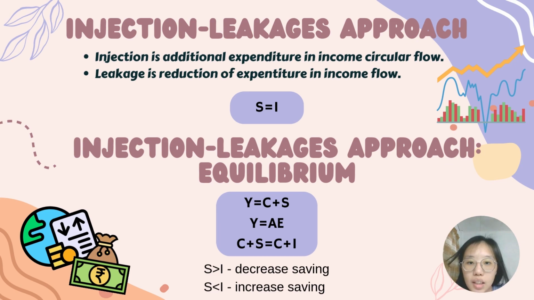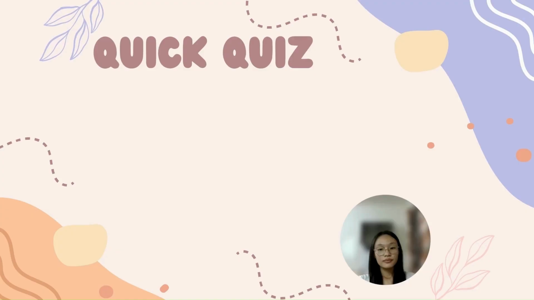Equilibrium occurs when leakage equals injection, which is S equals I. Y equals C plus S, or Y equals AE, C plus S equals C plus I, S equals I. Consumption and saving are intrinsically linked, and any change in income distribution directly affects these two factors. S larger than I must decrease saving, S smaller than I increase saving.